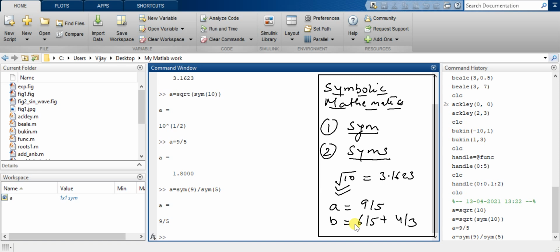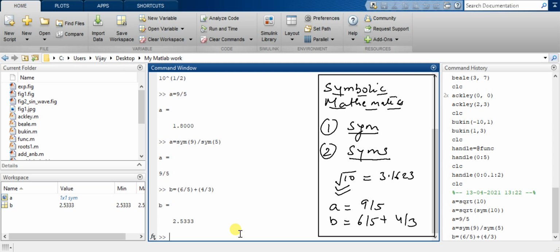So we can simply write b equal to 6 by 5 plus, or you can put 6 by 5 in a bracket, then add 4 by 3 in another bracket. When you execute this, this will give you the complete solution of that command, that is b stores 2.53.